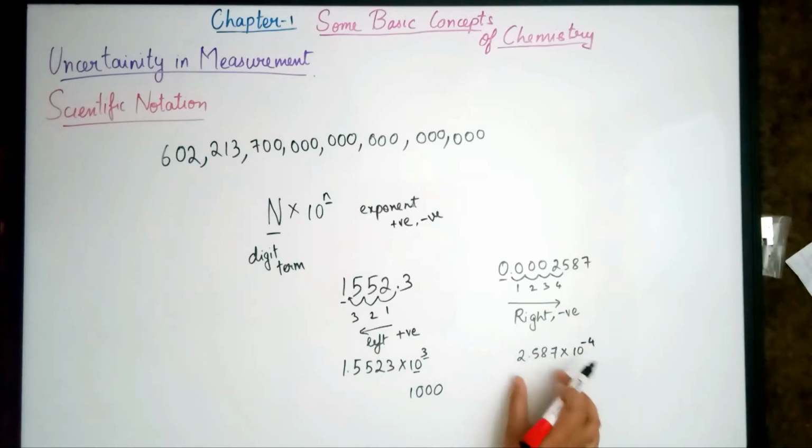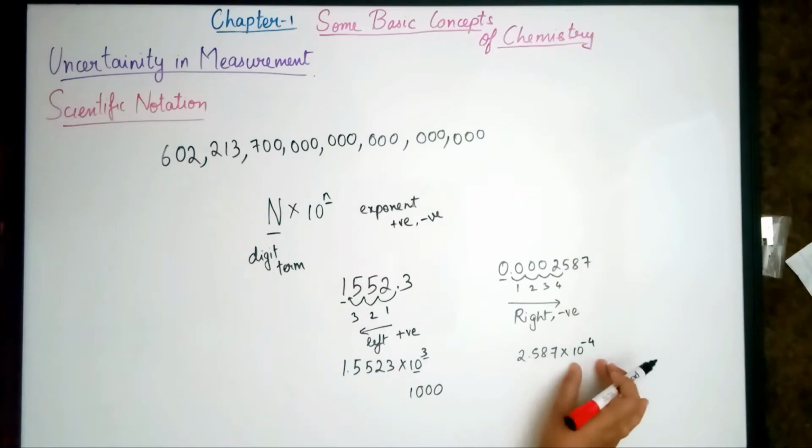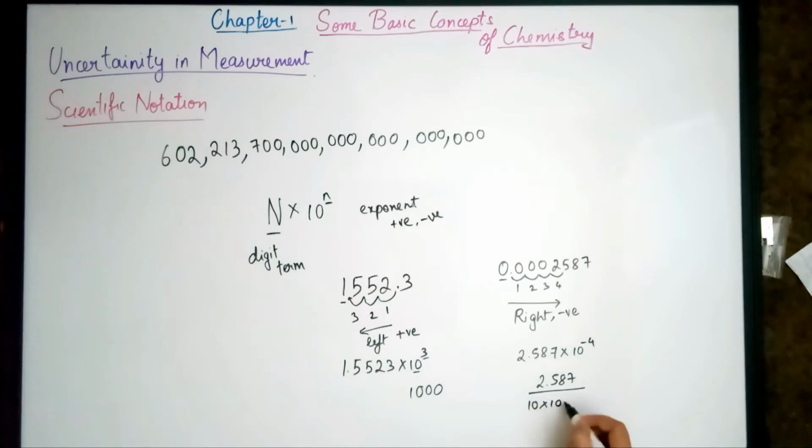because this value is divided by, I'm sorry, it is not divided by 10 to the power minus 4. I would like to clarify that. It is 2.57 divided by 10 into 10 into 10 into 10. When you divide something, the decimal point will move to the left.